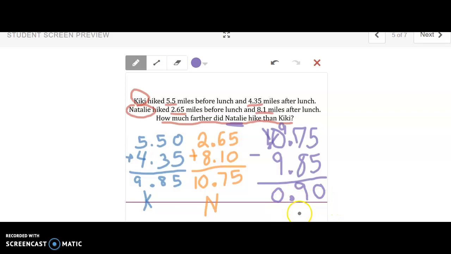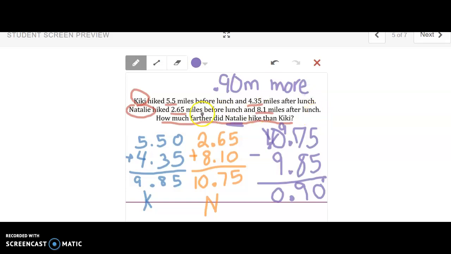Natalie hiked, oh gosh, 0.9 or 9/10 or 90 hundredths. And I want to put a mile. I can't label it because I'm running out of space. Mile, that's an M. Actually, I'll put it up here. How about this? 0.9 miles more.